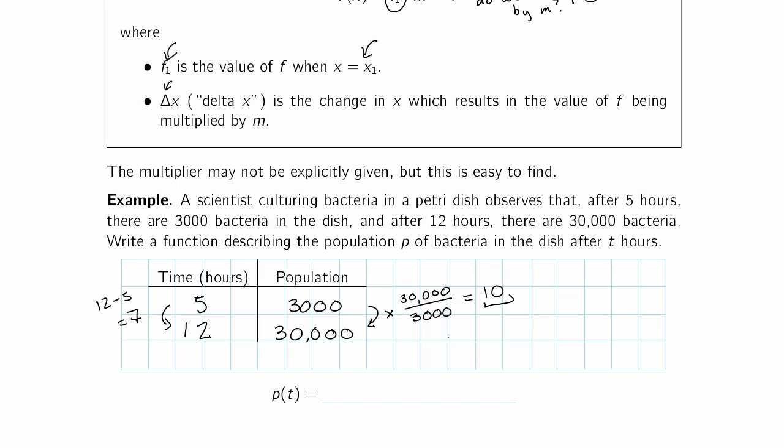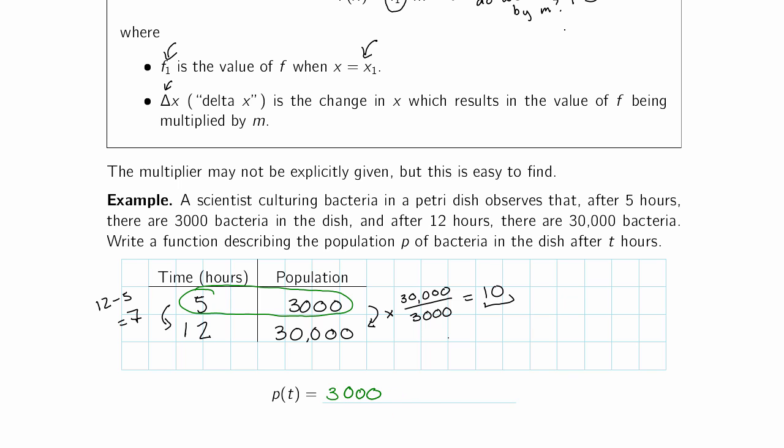We'll say we start at time 5. We could theoretically pick either one of these, but we'll just pick the earlier time to be when we start. So our starting value of p is 3,000.